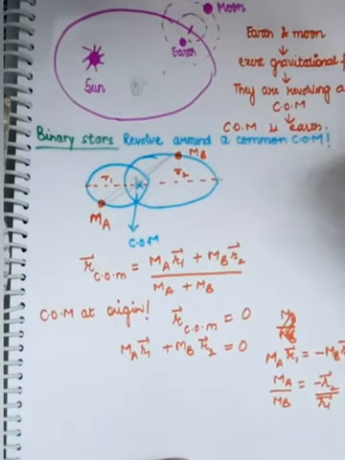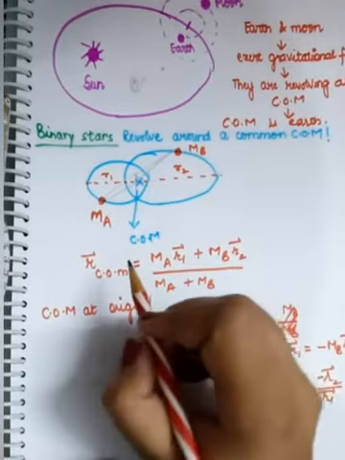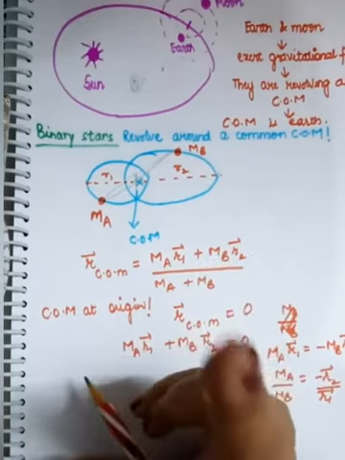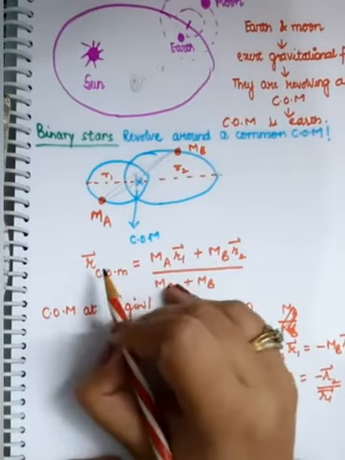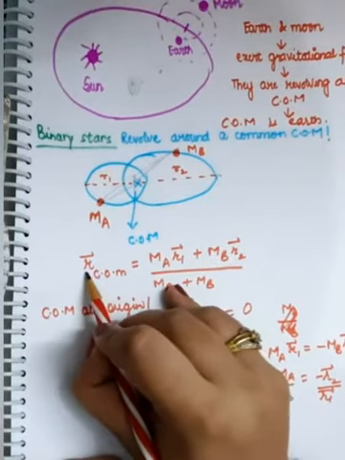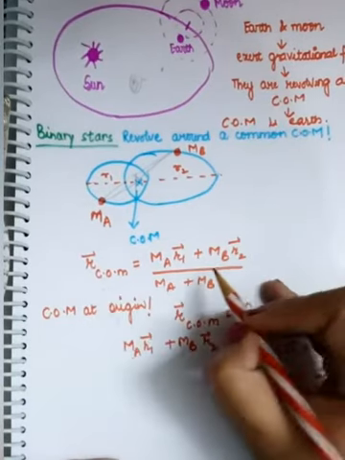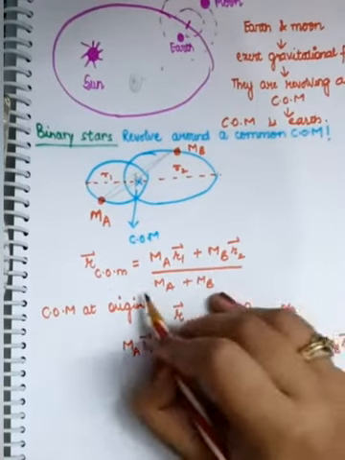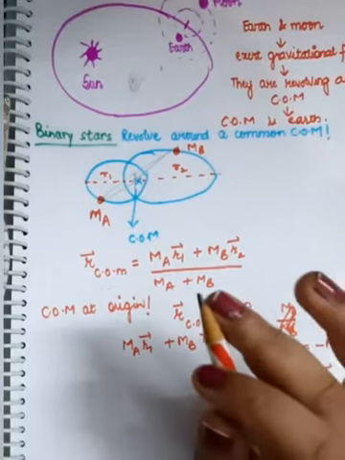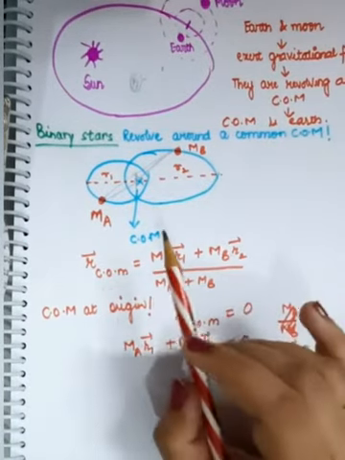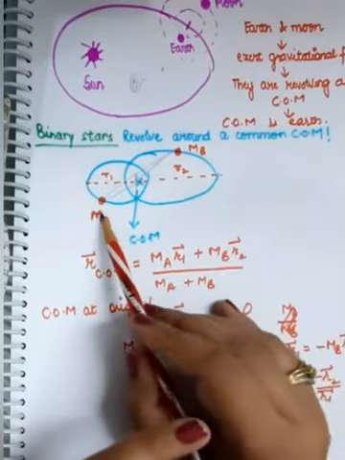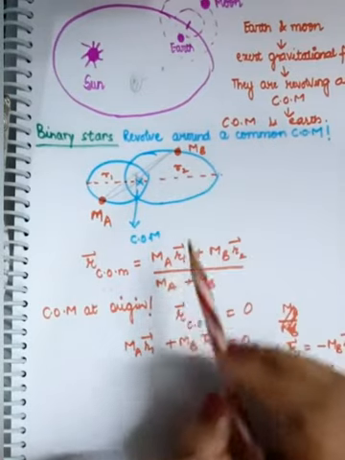Okay. So, next, we know that when we talk about a two-particle system, the position vector of the center of mass is given by (m1r1 + m2r2) divided by (m1 + m2). Here, in place of m1 and m2, I have kept the masses of the stars, mA and mB, right?